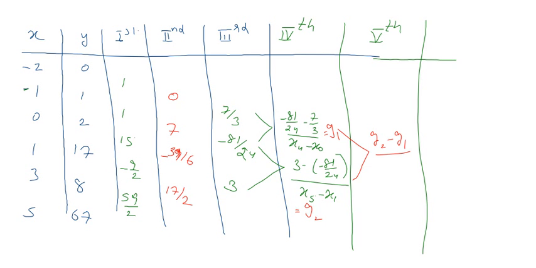So minus 2 you are starting, minus 1, 0, 1, 3. So there are 4 values, 5 minus minus 2, meaning x5 minus x0. Okay, so this is how you will create a divided difference table for a given data set.